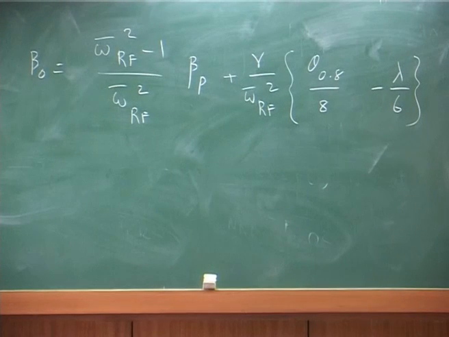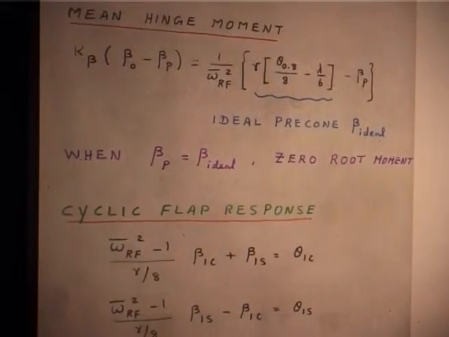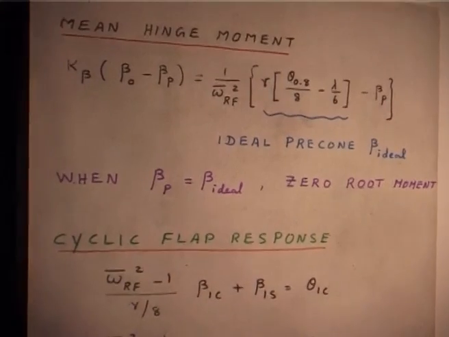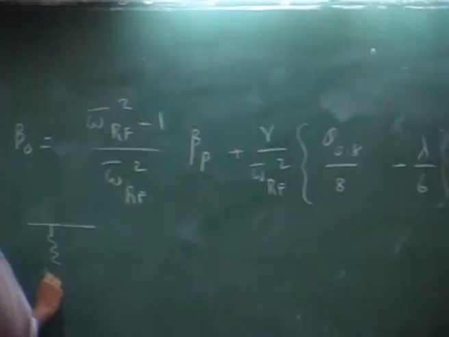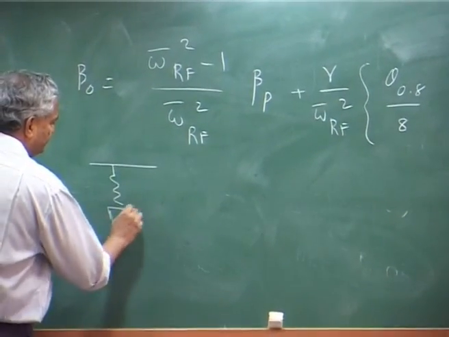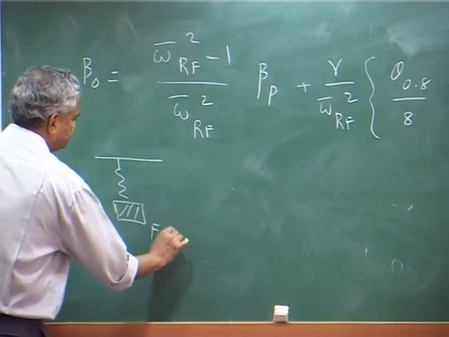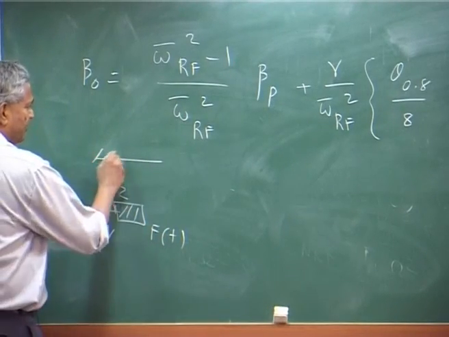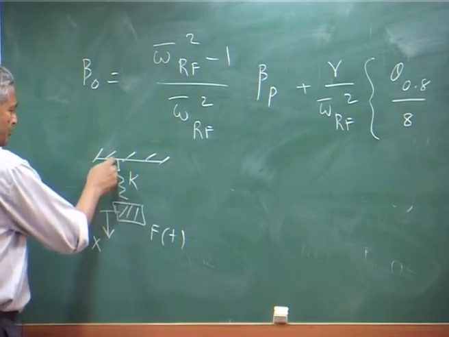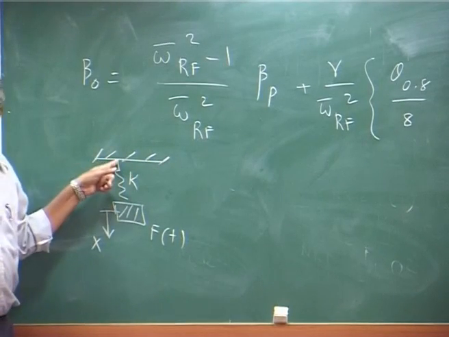Now, if you give a precone, what is the effect of that precone? That is, let us look at what is the hinge moment that comes. If you have a system, spring, mass and f of t, what is the force that acts here?